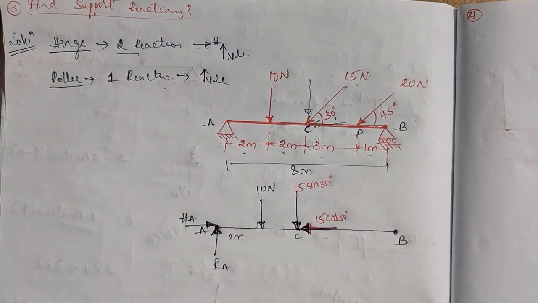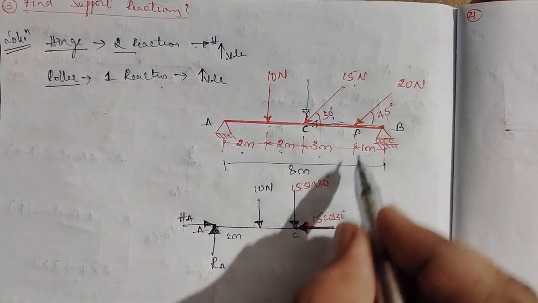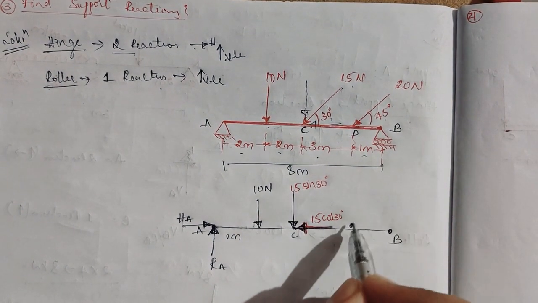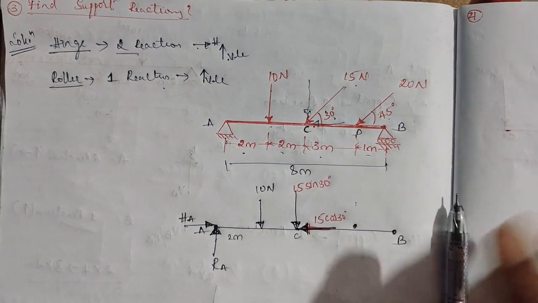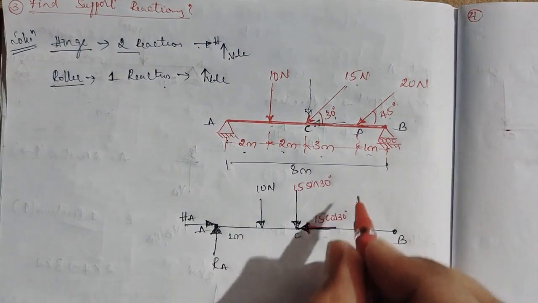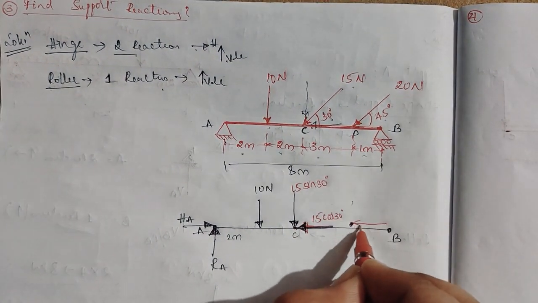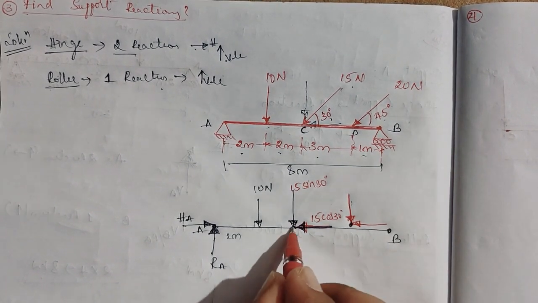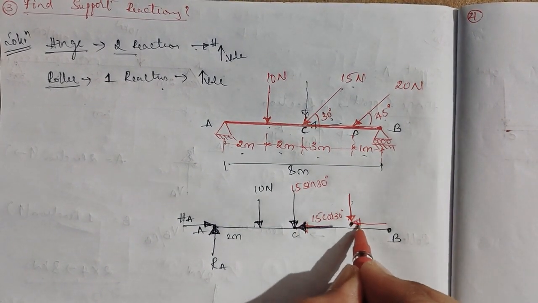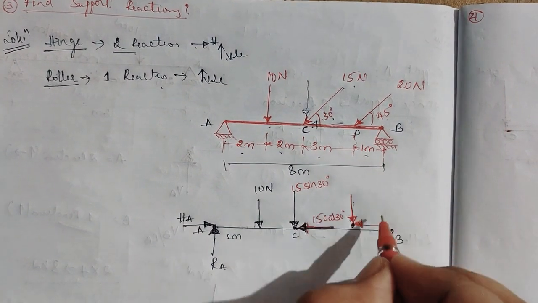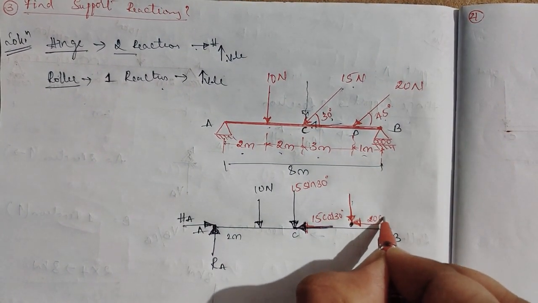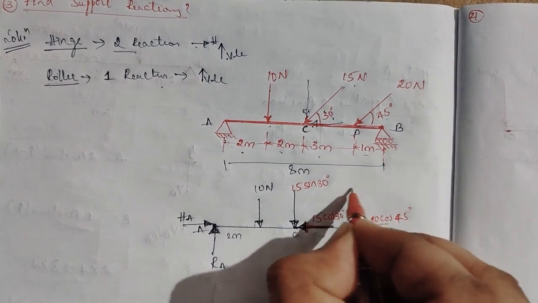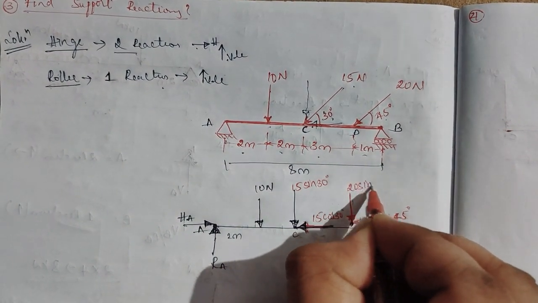And this 20 Newton force. Now this 20 Newton force, I'll resolve it horizontally and vertically. I'm drawing it a little higher so that you can understand. This component will be 20 cos 45 degrees, and this will be 20 sin 45.